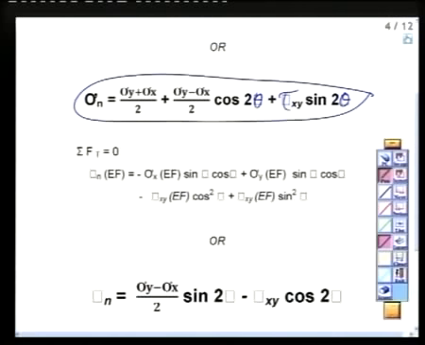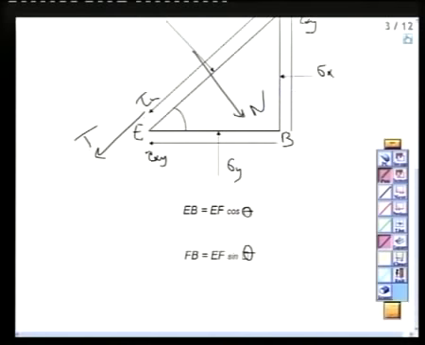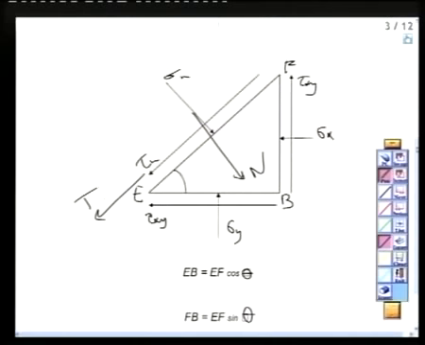Now, if we take the summation of forces in the t direction, here is the t direction. If we take the t direction as positive, for example, tau n is positive. Then look at me, look here, because you may make some mistakes.